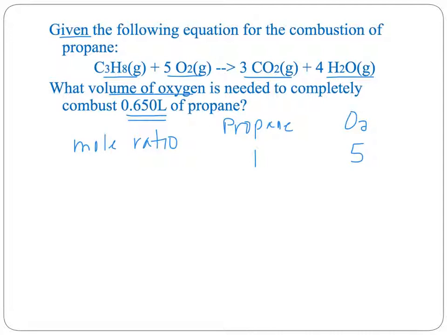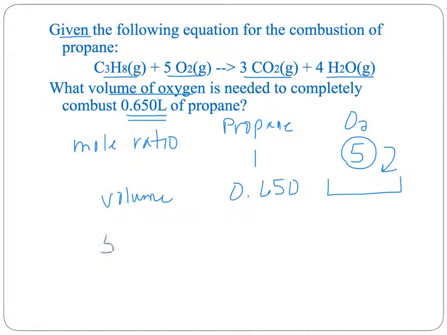And so then you have, what's the volume that's given to us in the problem? Well, the propane volume we're starting with is 0.650. And so the oxygen volume, of course, is just going to be 5 times that, because the mole ratio is saying the amount of oxygen needed is 5 times the amount of propane, and since the volume stays the same with gases when they're at the same temperature and pressure, we can go directly from mole ratio to a volume amount.